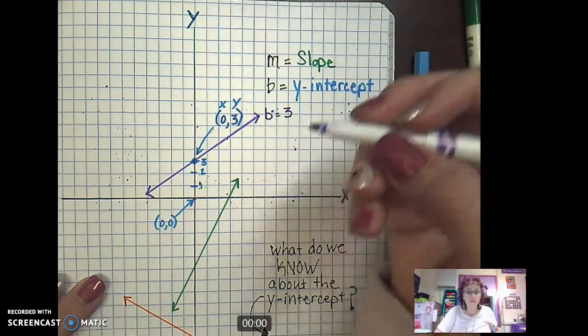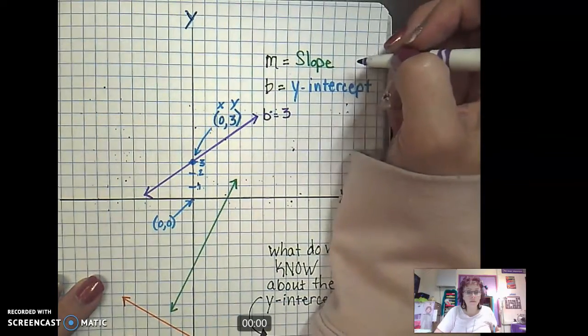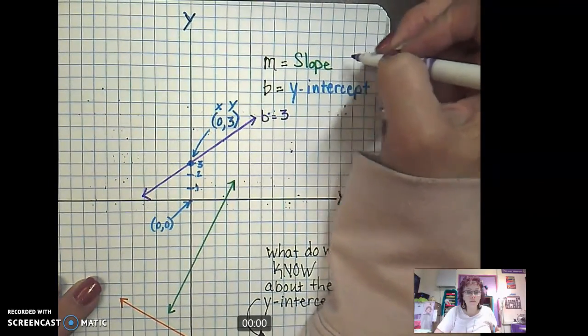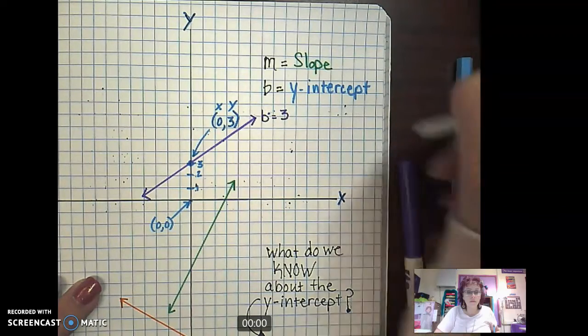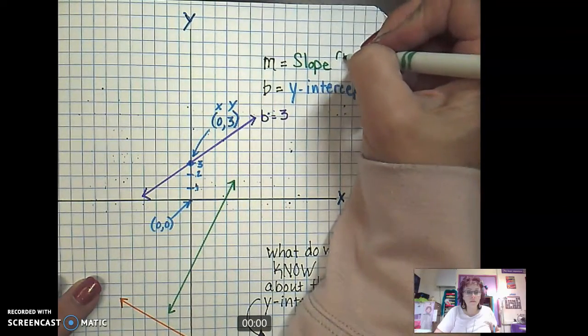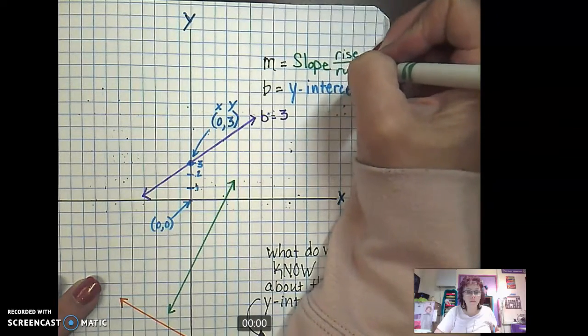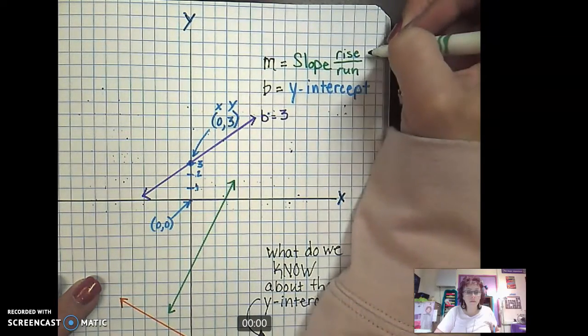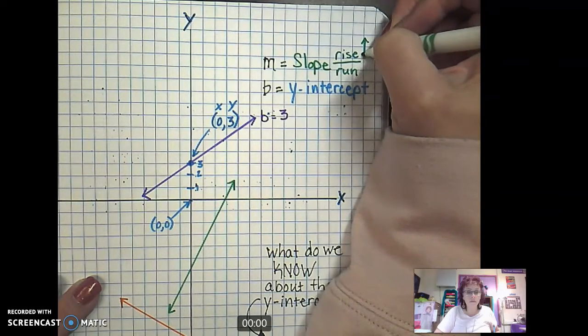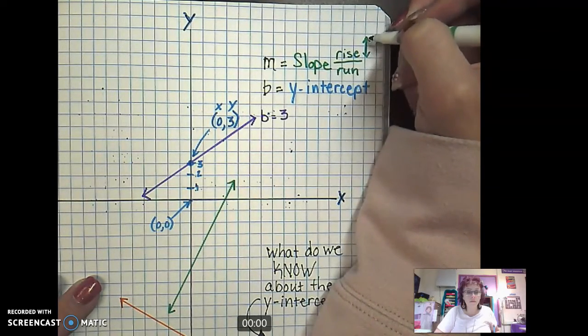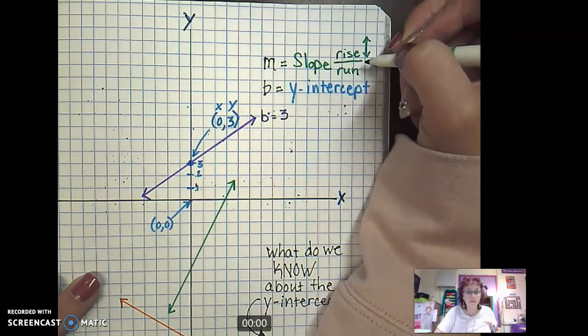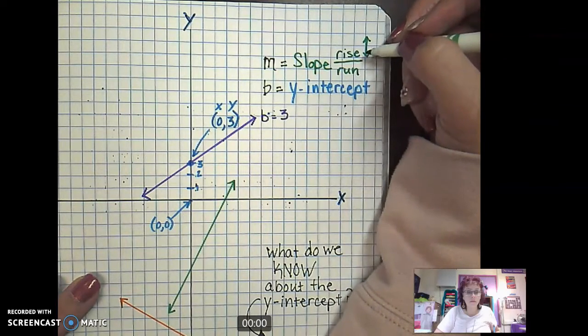Okay, now, slope, we also call that rise over run. Rise is on top, run is on the bottom. Rise is going up and down, just like the y-axis. That's why it's called the change in y. We put that y value on top.